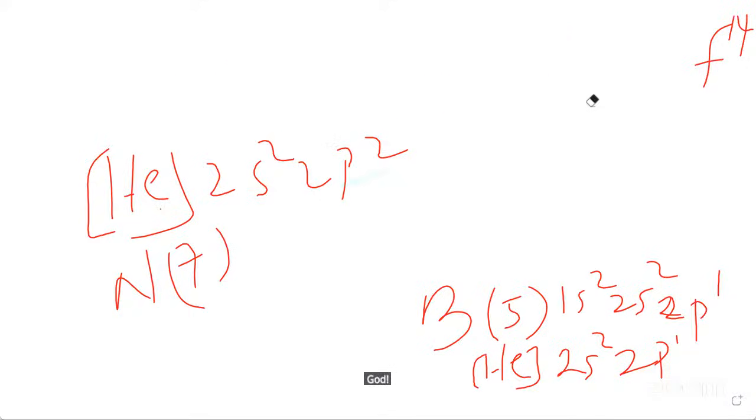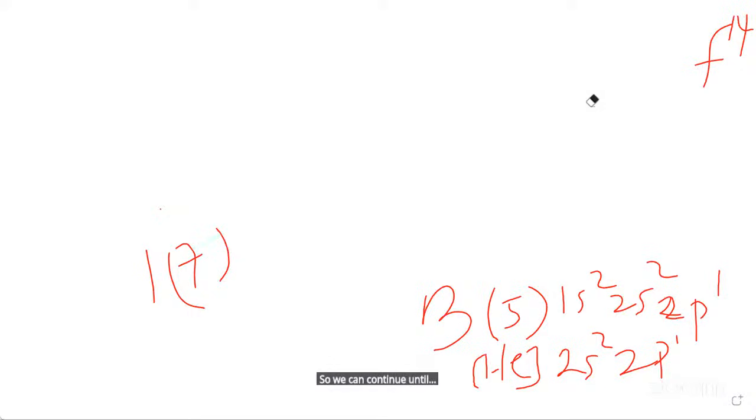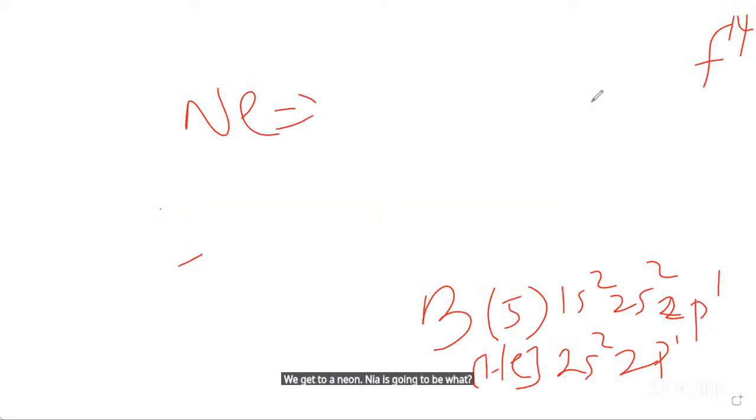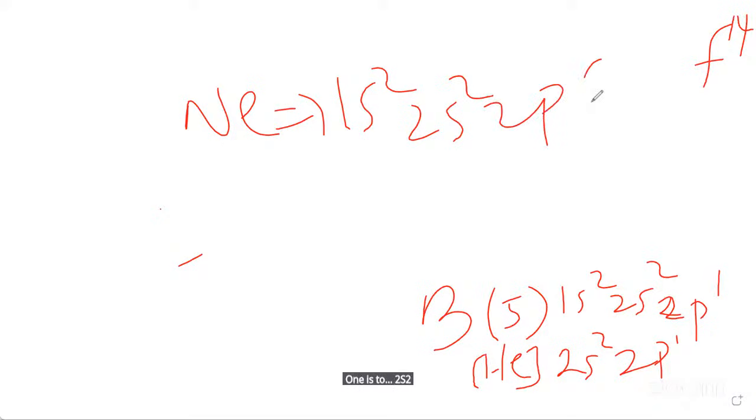So we can continue until we get to neon. Neon is going to be what? 1s2, 2s2, 2p6. That is your neon. After neon, the next one is what?